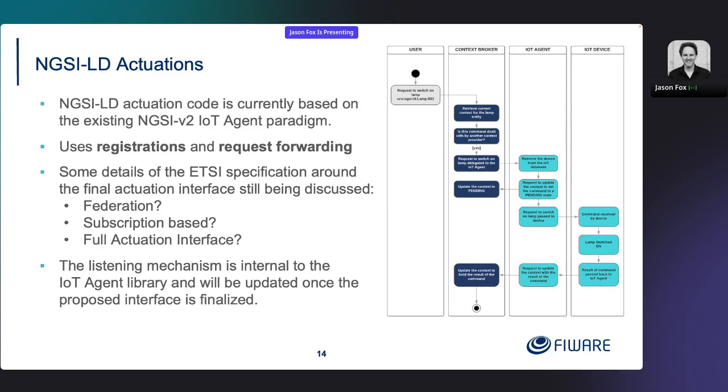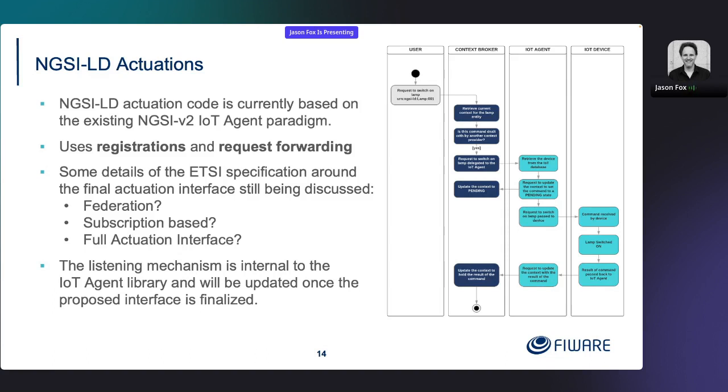The IoT agent obviously is listening in a well-known location. And then what's more, it will retrieve the data, parse it. It will assume that the names of the attributes are the ones it expects, and I can explain why that's okay in a second. And it will then pass the information forward.